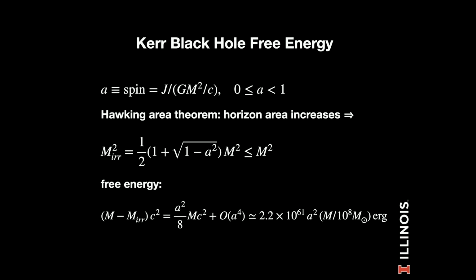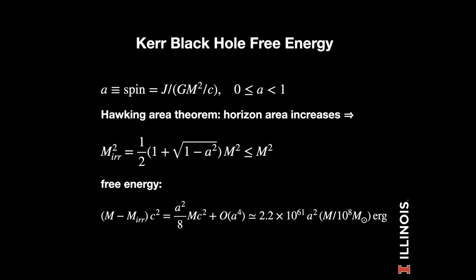So the larger the spin, the larger the difference between the mass and the irreducible mass, which means that there's a free energy associated with the spin of the black hole, which is the difference between the mass and the irreducible mass. To lowest order in the spin, that's proportional to the square of the spin divided by 8 times the rest mass energy of the black hole.